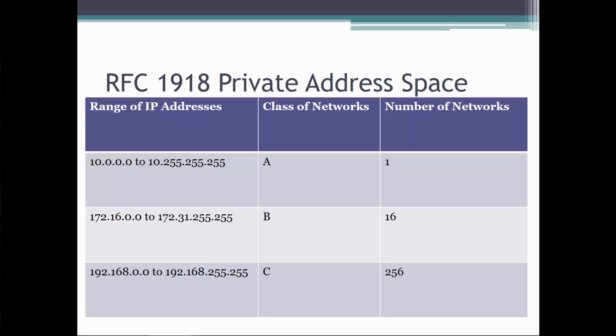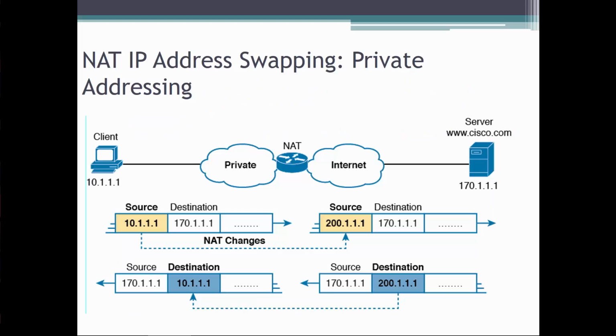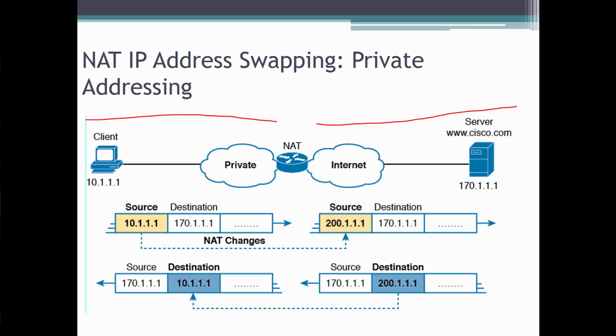NAT allows us to map these private IP addresses to a public address or to a pool of public addresses. So what we have is this concept of private and public. This side of the network is all private. This is all public.